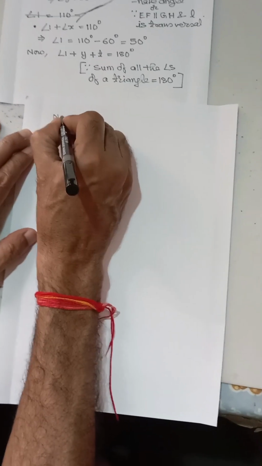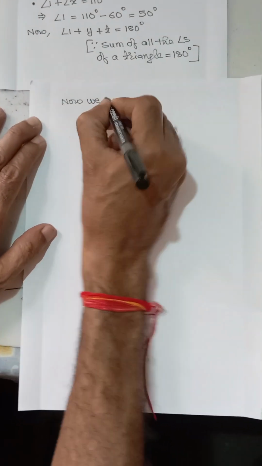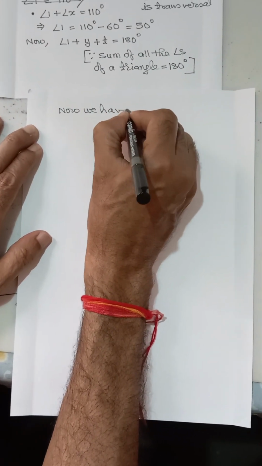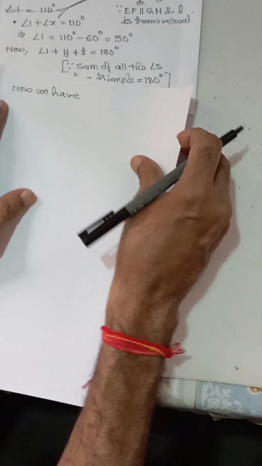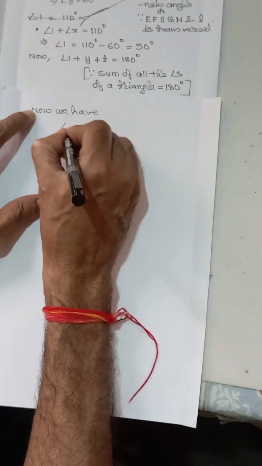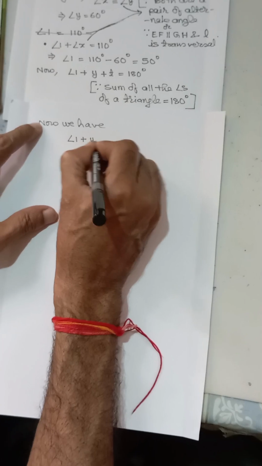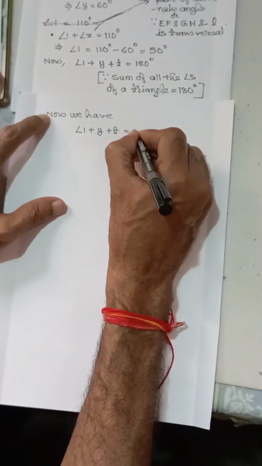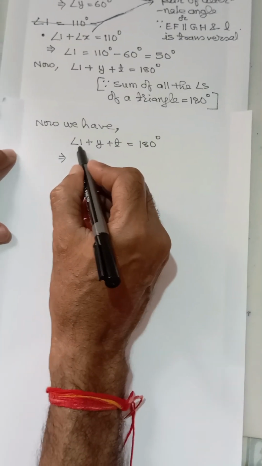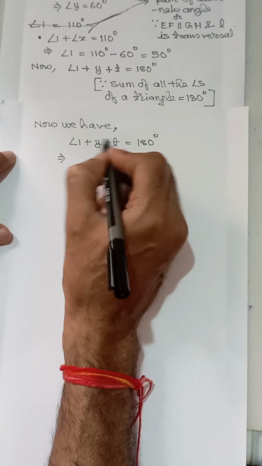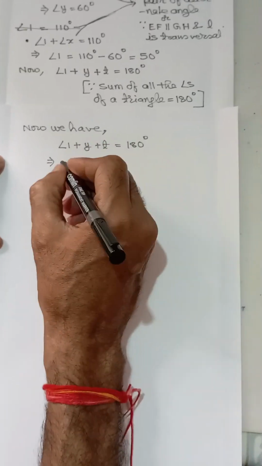Now we have angle 1 plus angle y plus angle t is equal to 180 degree.